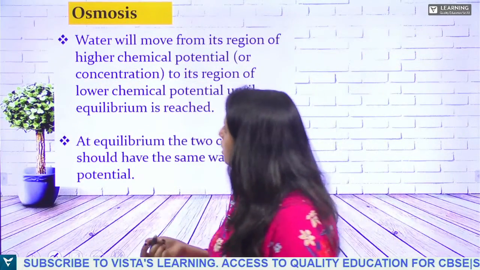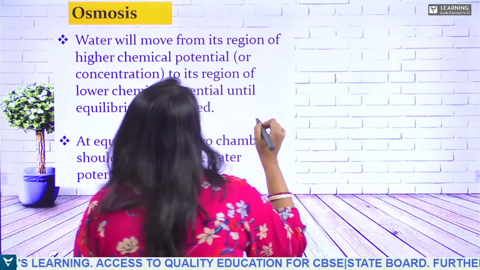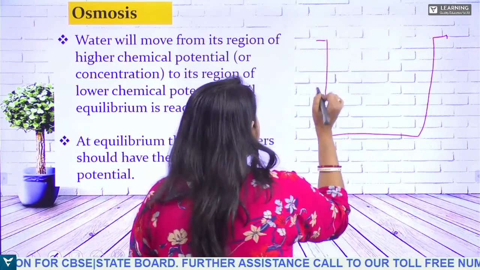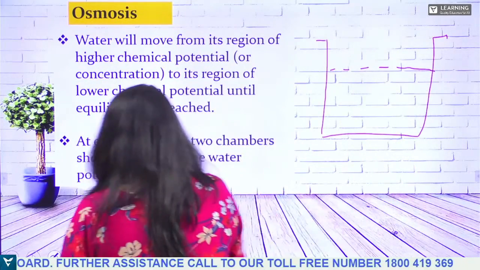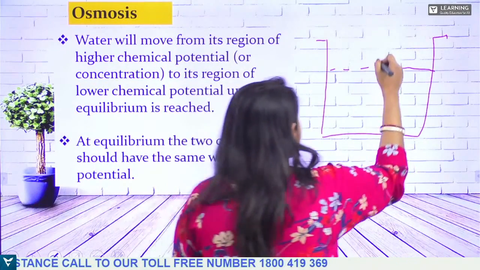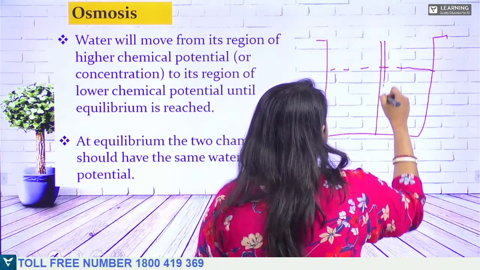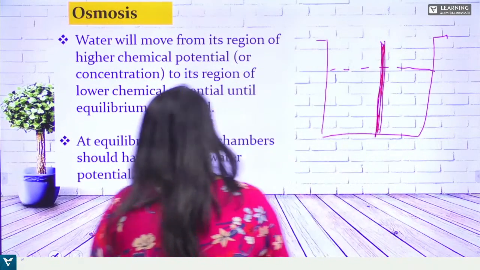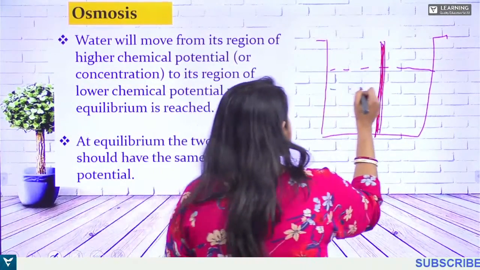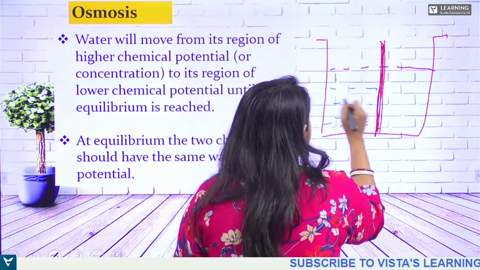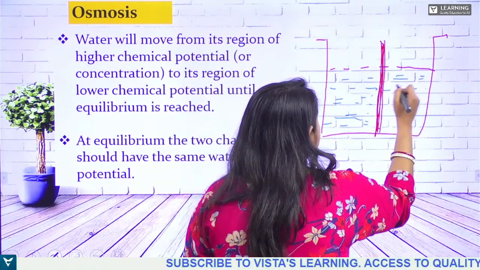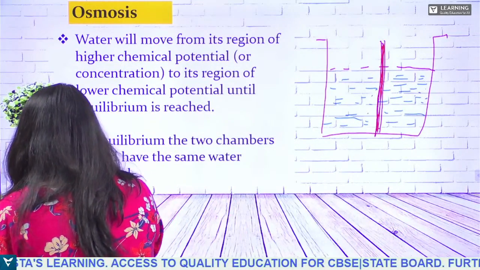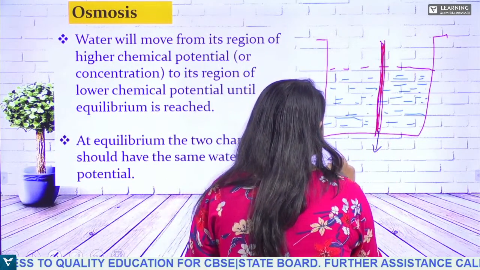So see here, now water will move from its region to higher chemical potential. Now see, if this is a beaker, and here is the cell, for example, this is a semi-permeable membrane. So water molecules are here, and water molecules are there, in between two cells, and the water will move.